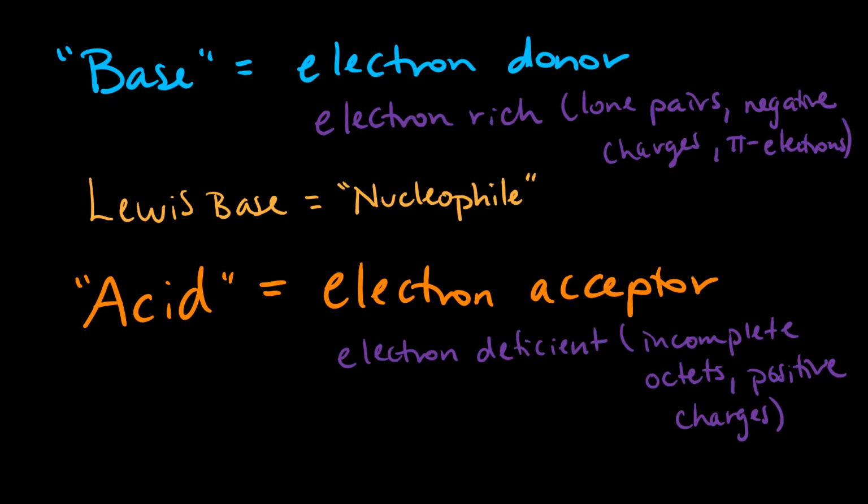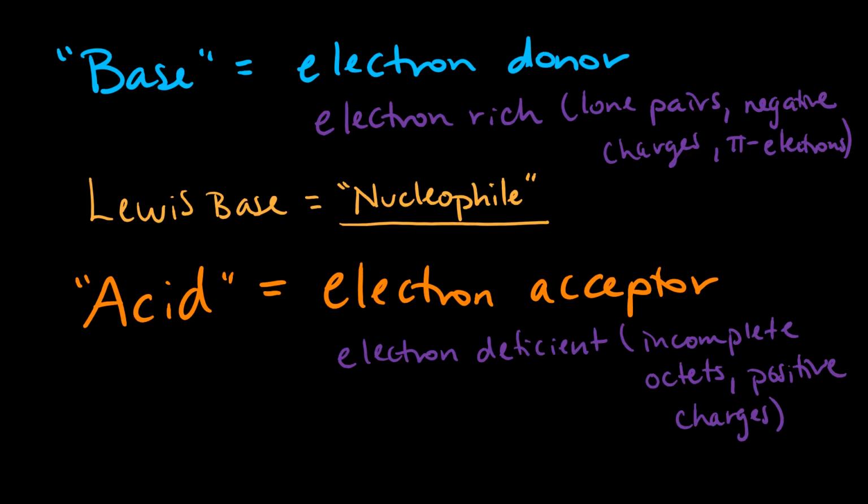So the terms Lewis base and nucleophile are interchangeable, but all that means is it's an electron-rich species. The name nucleophile comes from the fact that the nucleus is a positive center, and so a nucleophile is a species that is seeking a positive center. So that would be something that's negatively charged or electron-rich.